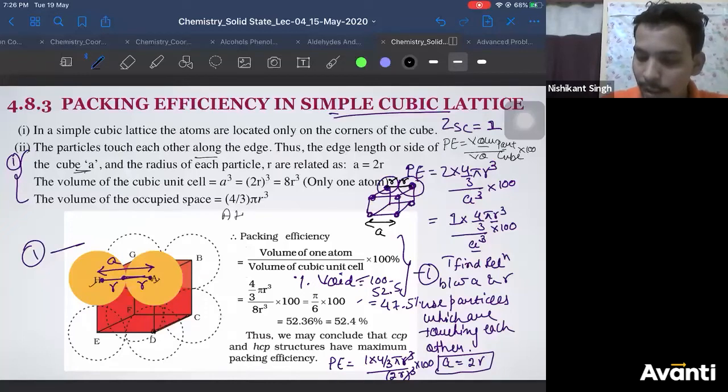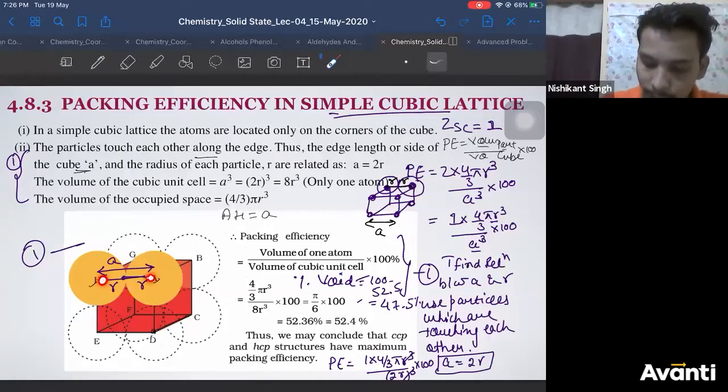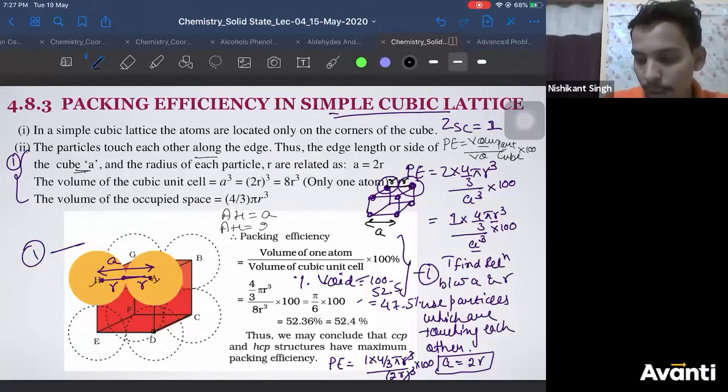So AH is equal to A. Now one more thing you see here is, between this particle and this particle, this distance is R. This distance is also R. So R plus R, 2R. So I can write from the diagram, AH is equal to 2R.